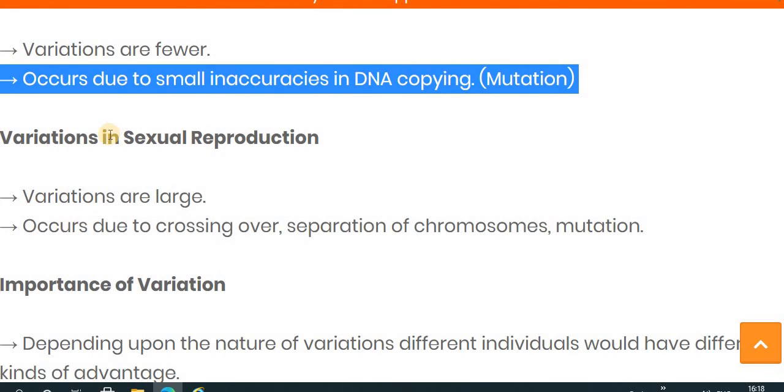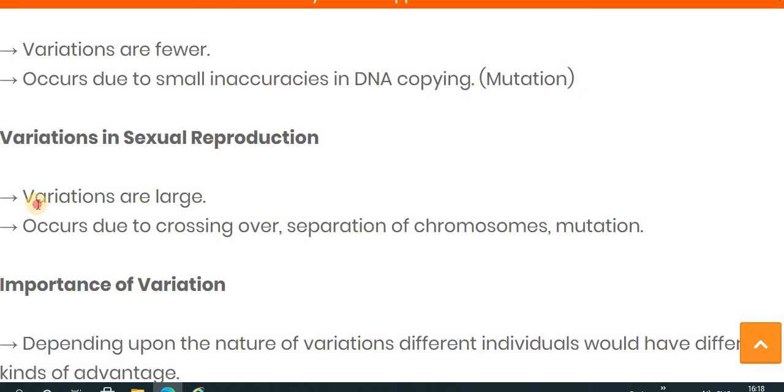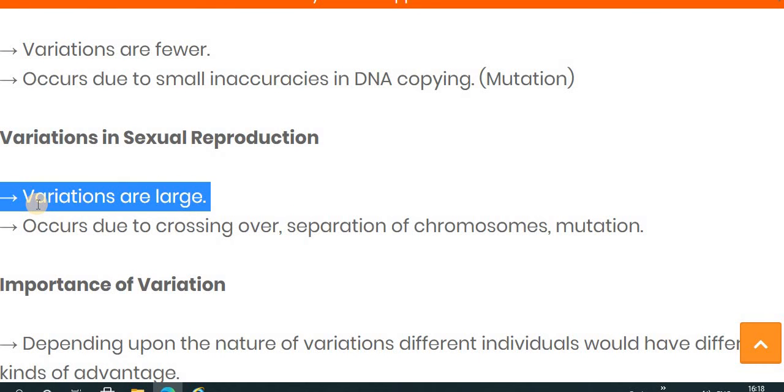Now let's talk about variation in sexual reproduction. The variation is large. As I told you, in sexual reproduction there are two parents, male and female, both taking part, and both have their own characteristics. So whatever offspring comes, it possesses both characters, which means the chances of variation are very large compared to asexual reproduction.